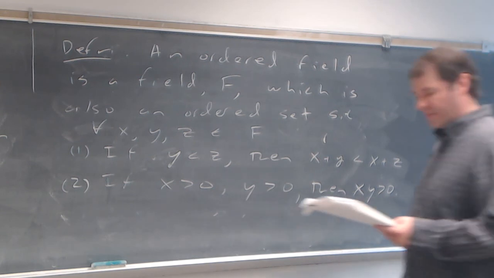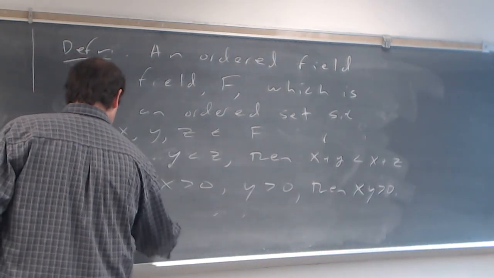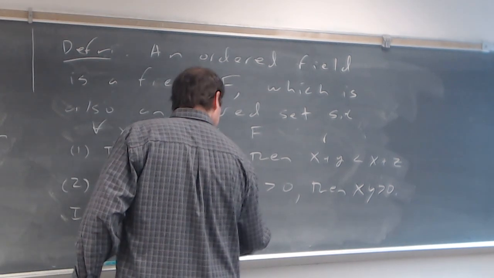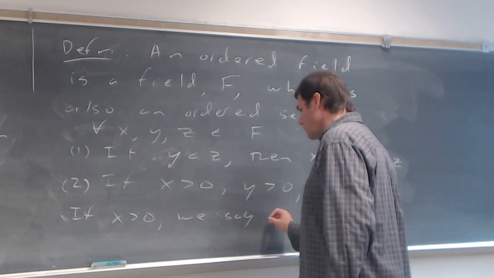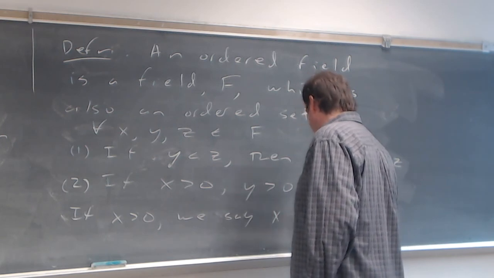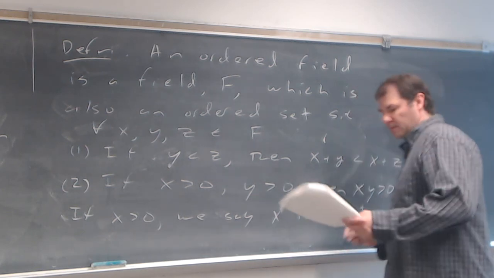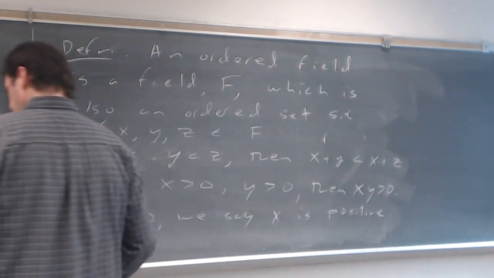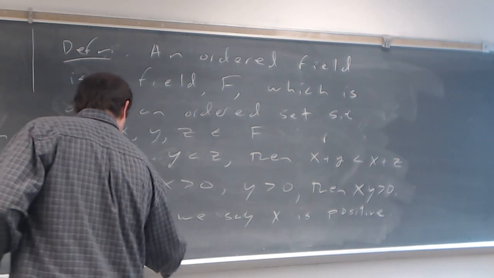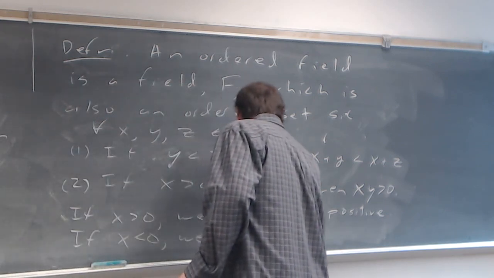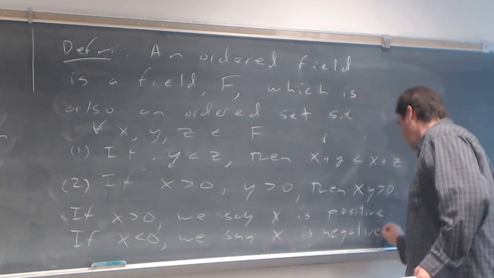And just a comment about that, if x is greater than 0, we say x is positive. Likewise, if x is less than 0, we say x is negative, just as we would normally.